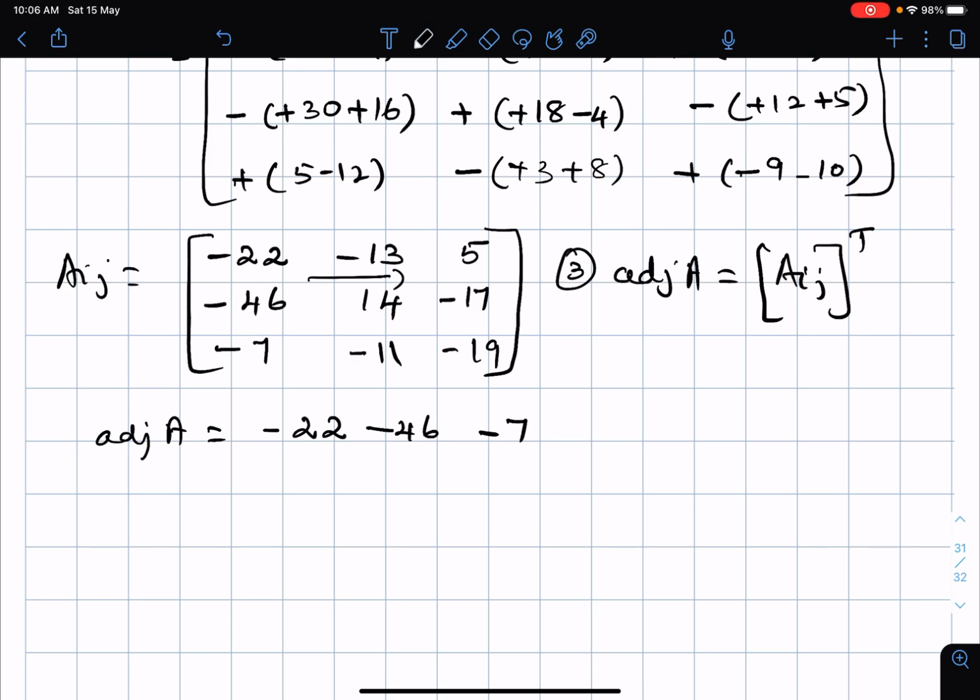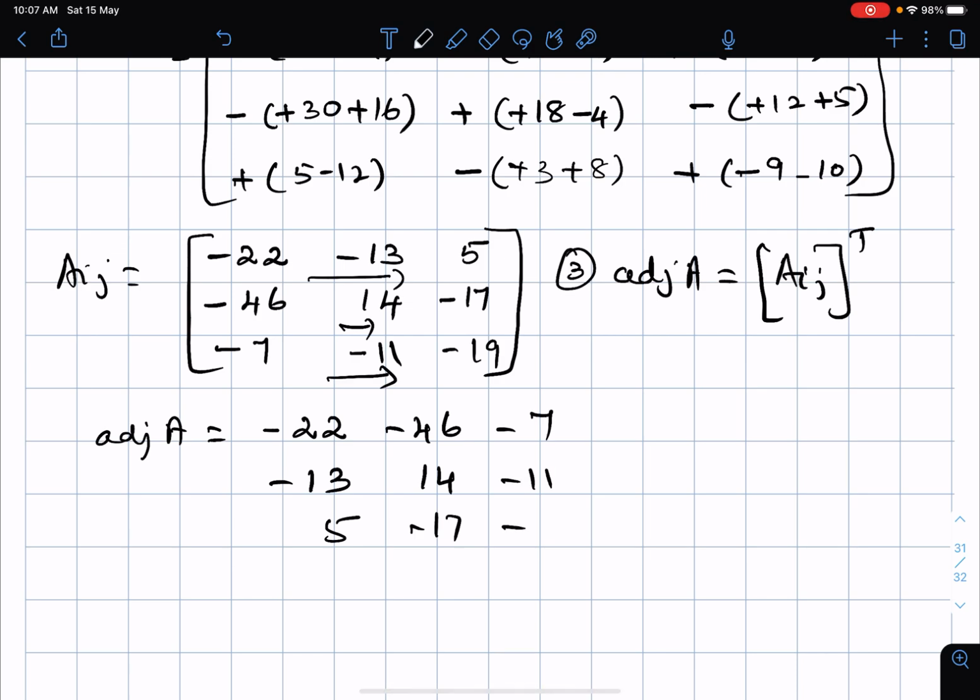Or you can take it as I have told you, first row into column, isn't it? So minus 22, minus 13 and 5. Second row, minus 46, 14, minus 17. Third row, minus 7, minus 11 and minus 19.